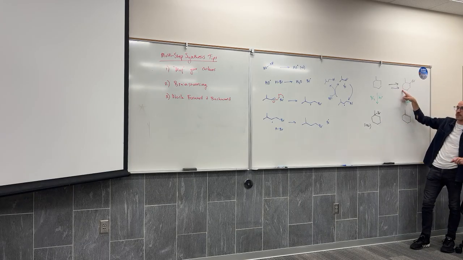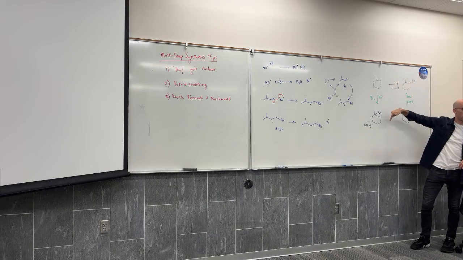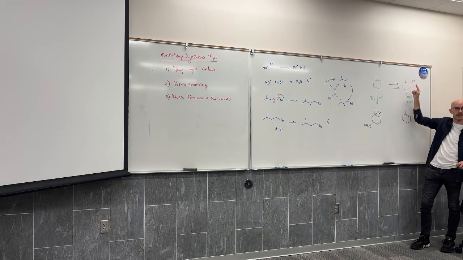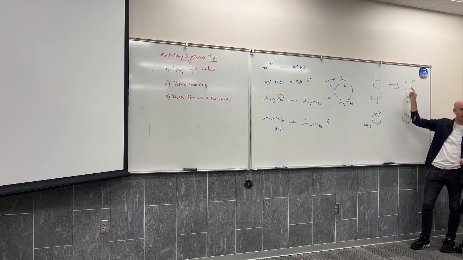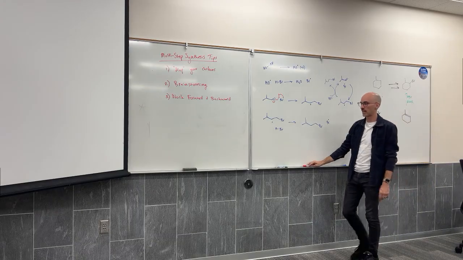But then we also worked backwards. We tried to figure out what precursor makes that final product. We worked forward to figure out what the starting material can make, and we worked backwards to figure out what can make the final product. And now we've got ourselves here, where there's 3 steps, there's 2 intermediates, and we just have to figure out what gets us here. Anybody have an answer for that?